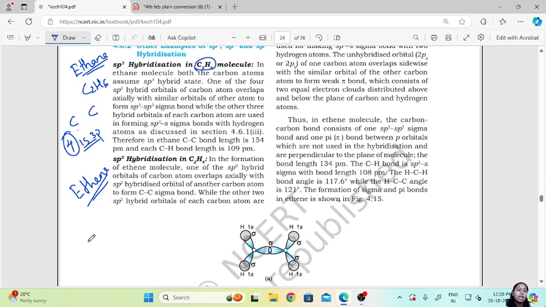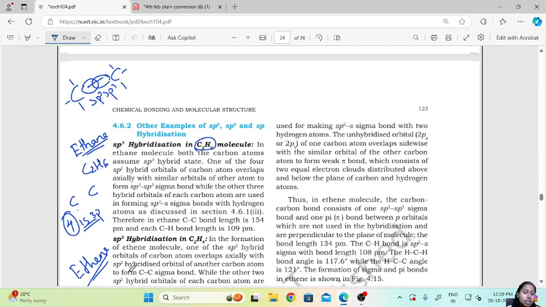Similarly, just as the carbon-carbon bond was formed in ethane, in ethene also an sp2 bond is formed between carbon and carbon, while the other two sp2 hybrid orbitals are each used for the formation of sp2-s sigma bonds with the hydrogen atoms. Now, the unhybridized orbital, 2px or 2py, of one carbon atom overlaps sidewise with the similar orbital of the other carbon atom to form a weak pi bond.